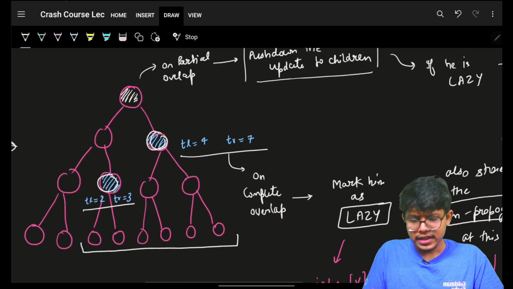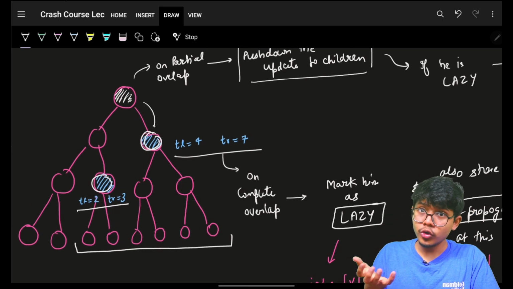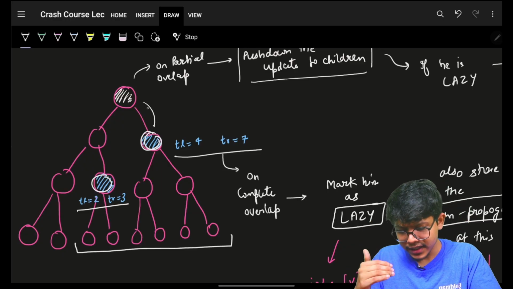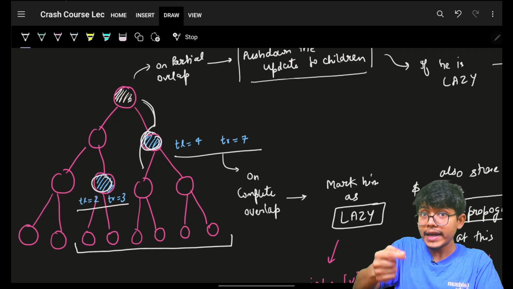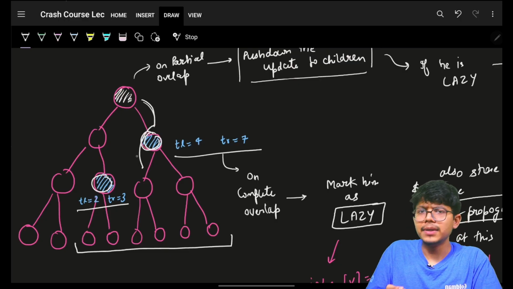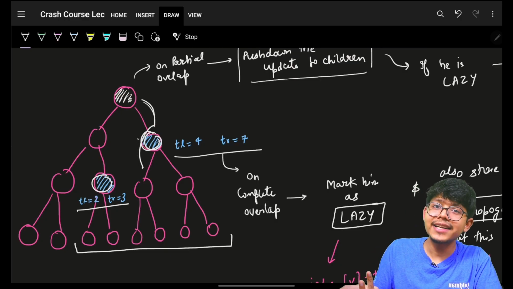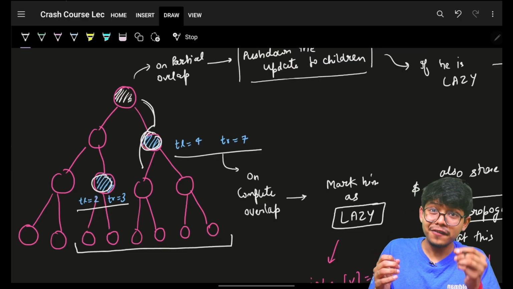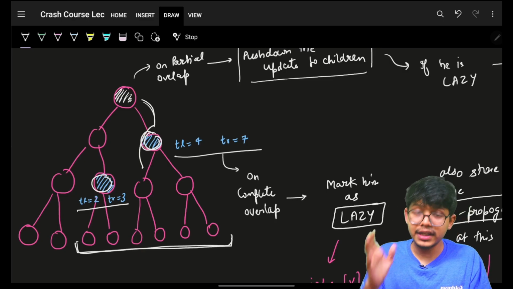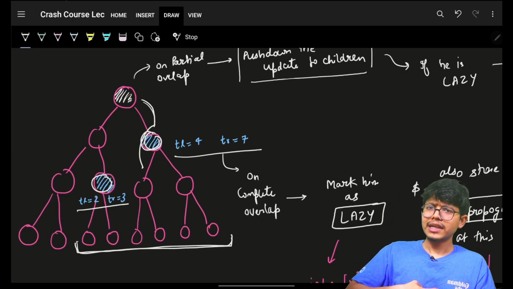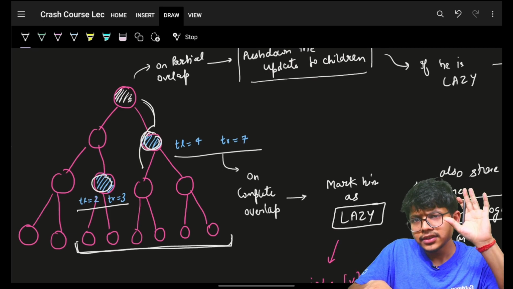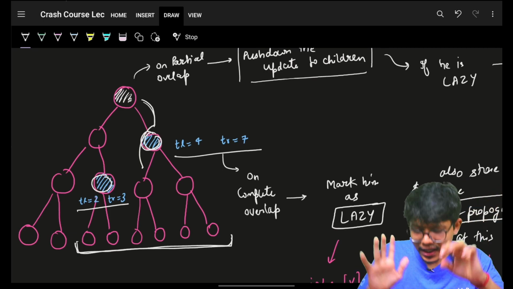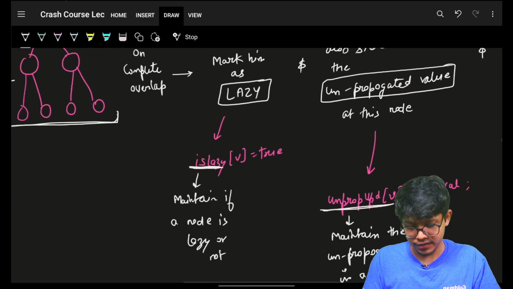And if in future someone queries it, on a query I will take log n time, but the benefit is that on that query itself, while he is going down to query something, he can simply propagate that value downwards. That's it. So the effort which the update would have taken, he delegated to the query, or maybe to some further random updates. That is how our lazy propagation works.